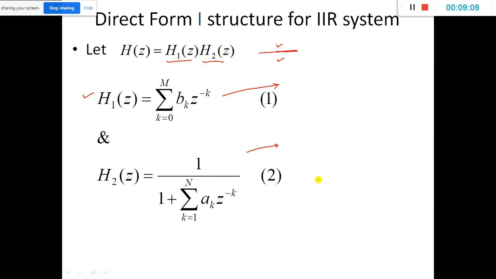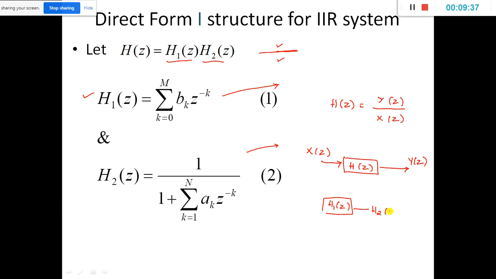To be much clearer, I have H of z, which is nothing but output Y of z divided by X of z. If I want to represent this, I will represent it in this format: input X of z, output Y of z. Now I split this H of z into H1 of z and H2 of z, with input X of z and output Y of z.